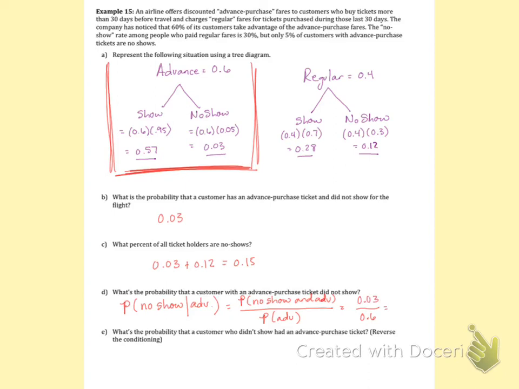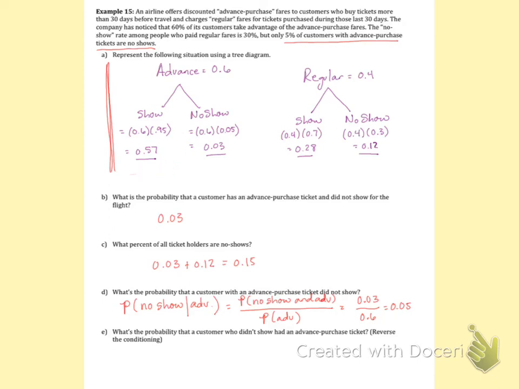So this turns out to be 0.05. I actually didn't really need to go through all of this work because this information was already given to me in the problem. You can see the sentence right there. But that work does show me a little bit better how to do part E. So let me erase my extra markings here.